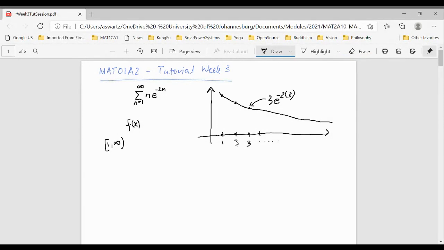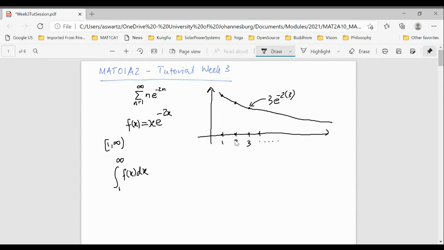So that means I need to define this f of x to be equal to x e to the minus 2x, because this is the function for which we calculate that improper integral, the integral from 1 to infinity of f of x dx.